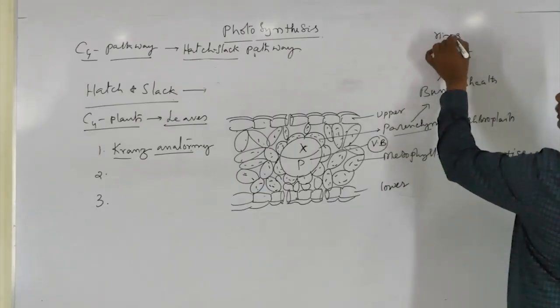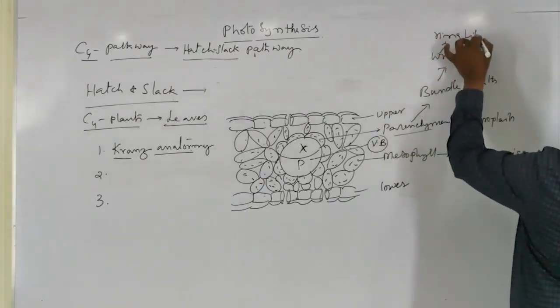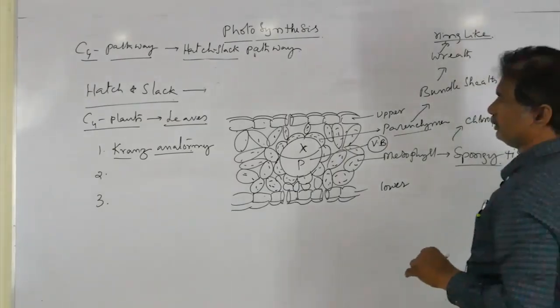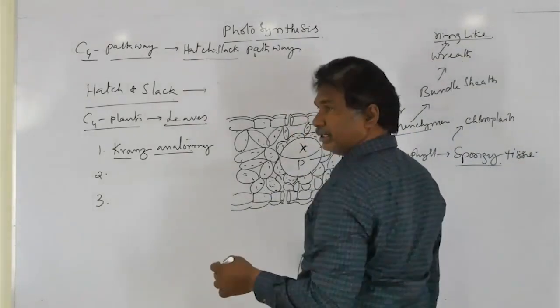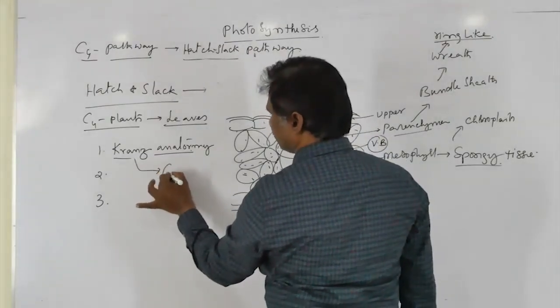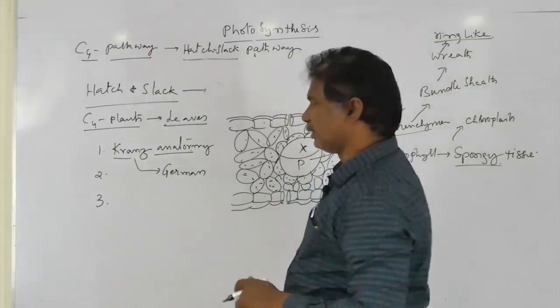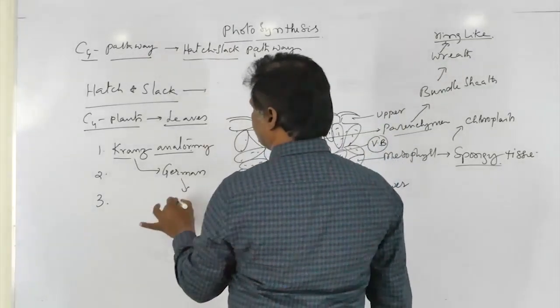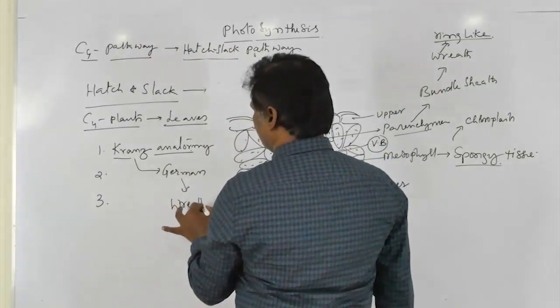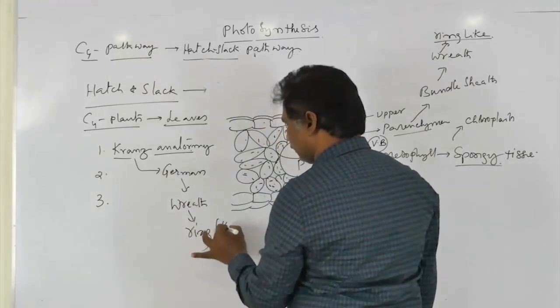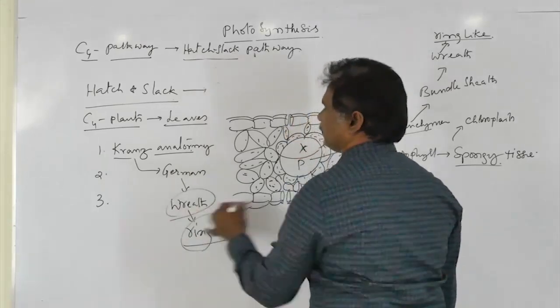That type of anatomy is called Kranz anatomy. Kranz is a German word meaning wreath, a ring-like structure.